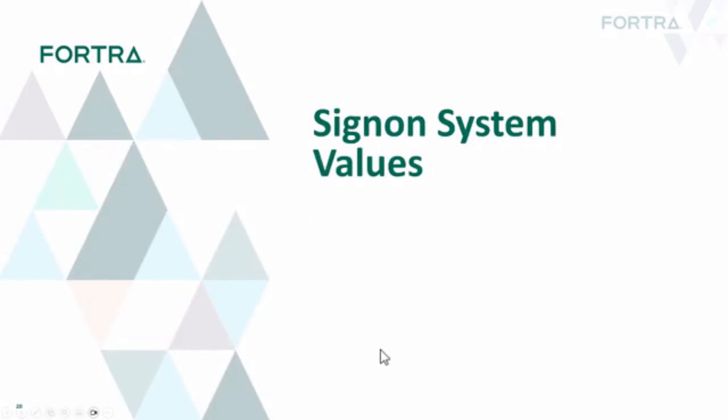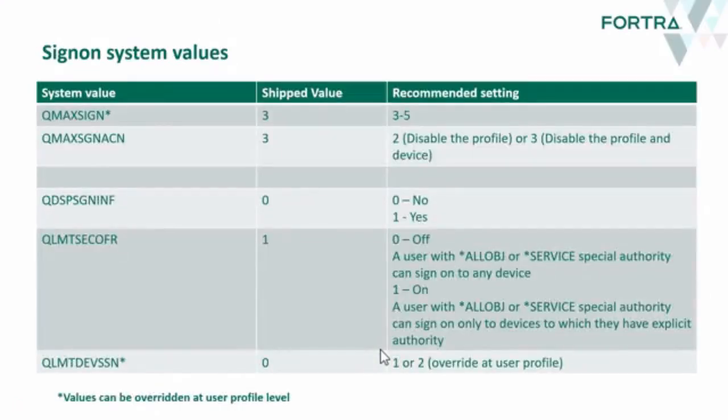So we've talked about the passwords, we've talked about authentication. That's how we're allowing people into the system. But now what happens when they actually sign on? So another value that can get overridden at the user profile level is the number of attempts allowed before some action can be taken against the user profile at version 7.5 to either disable it and disable the device.